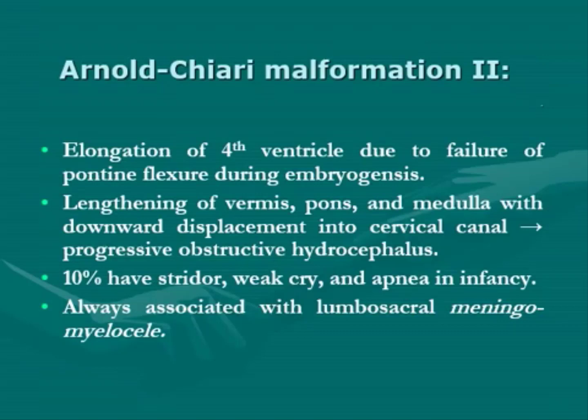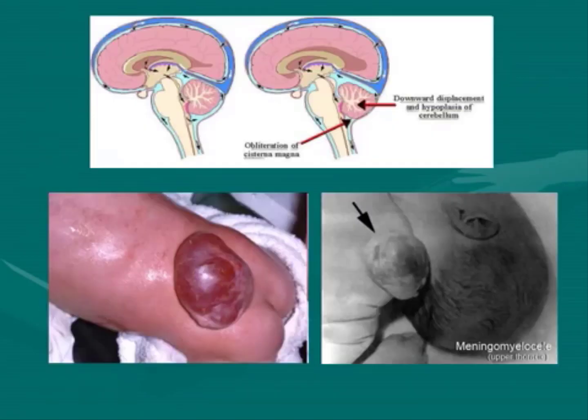Lumbosacral meningomyelocele means that there is another congenital anomaly affecting the vertebral column, a defect in the vertebral arch formation, so the meninges escape containing CSF, which is called meningocele. If it contains spinal cord, it is called meningomyelocele. The meningomyeloceles may be lumbosacral, dorsal, or even cervical.